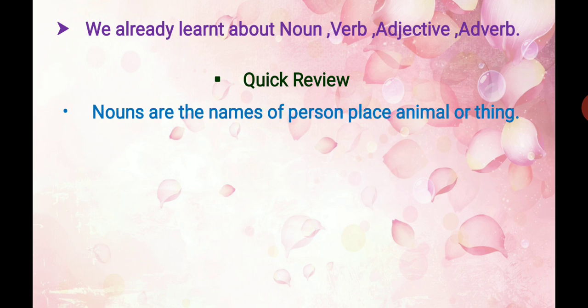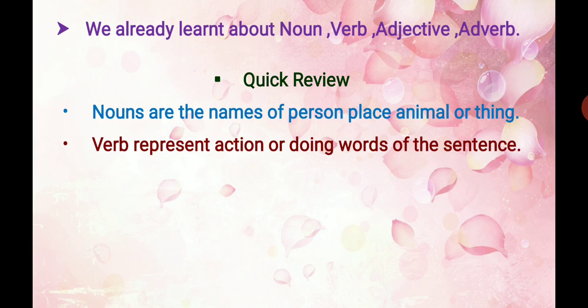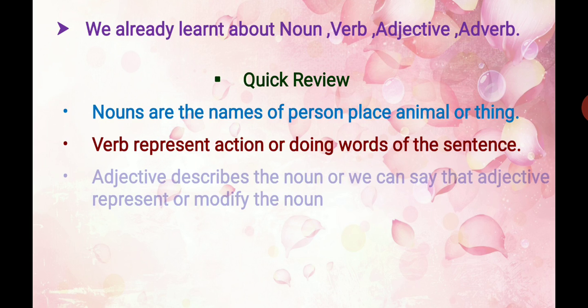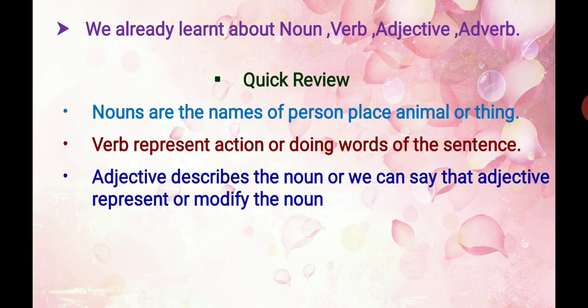So nouns are the names of a person, place, animal or thing. It means a noun represents the name of a person, place, animal or thing. Then verb. A verb represents the action or doing words. So they are called the action words or the doing words. Then adjective.